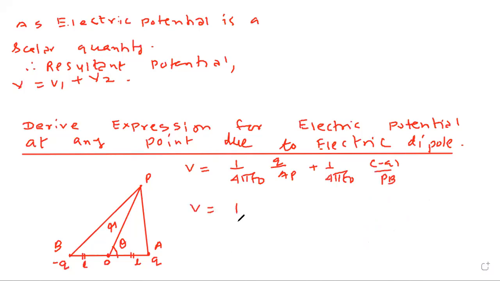Therefore, 1 upon 4 pi epsilon naught Q in bracket 1 upon AP minus 1 upon PB. Now, if I can find AP and PB in terms of known quantities, theta, R and L are known, I can get the required value. For this, there is a small construction. I'm showing what that small construction is to get AP and PB.